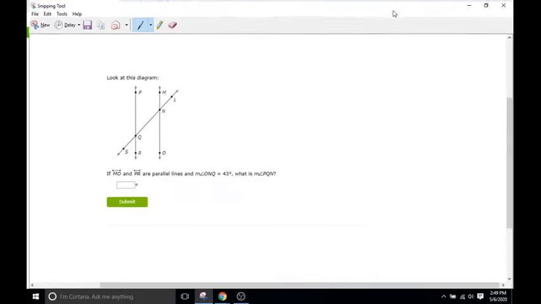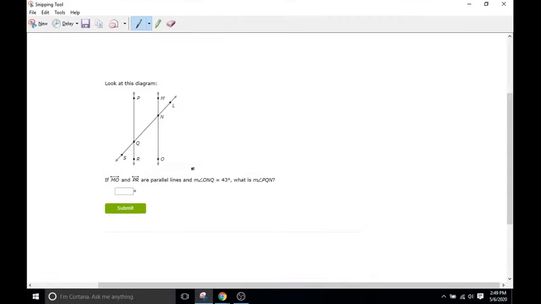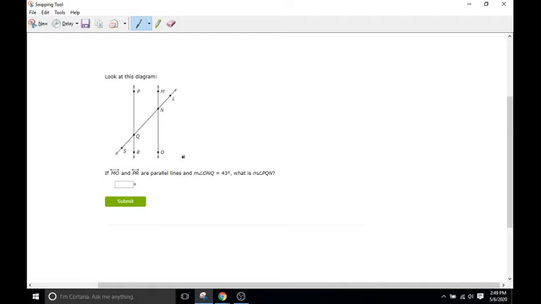Okay. So it's saying that the measure for angle ONQ is 43, so this one is going to be 43 right there. Okay, what is the measure for PQN, this one right here.